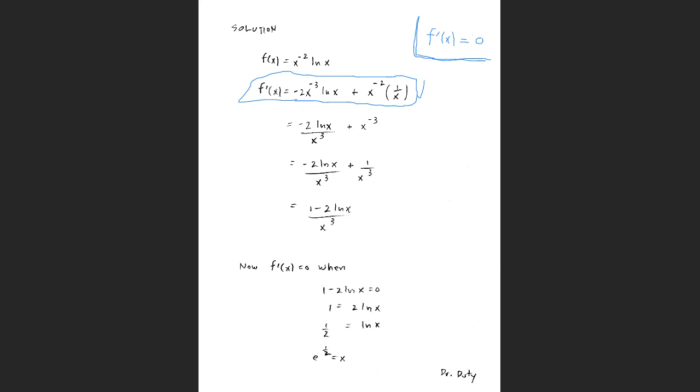So we have a negative exponent here, x to the negative 3. Let's write it as x to the positive 3 and bring it to the denominator. Then x to the negative second times 1 over x: 1 over x is the same as x to the negative first, and x to the negative second times x to the negative first is x to the negative third.